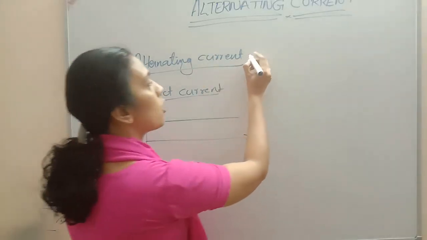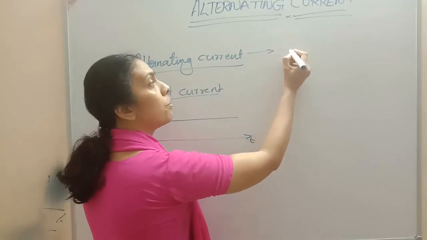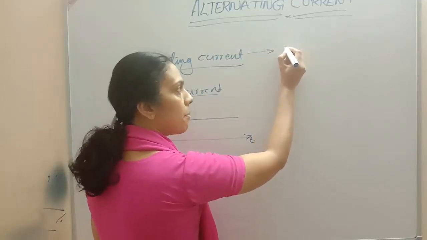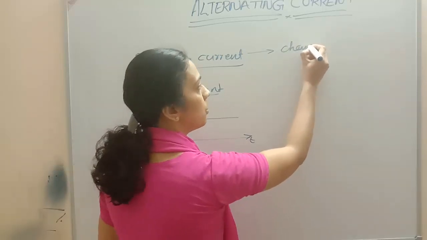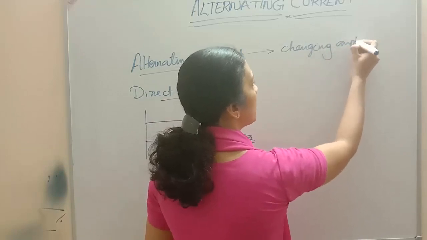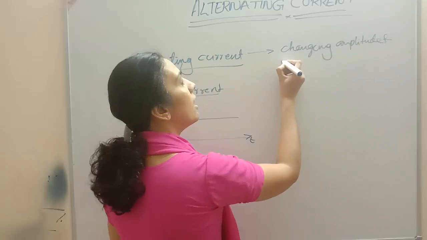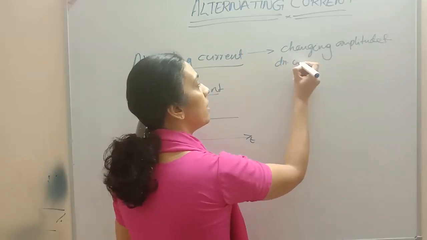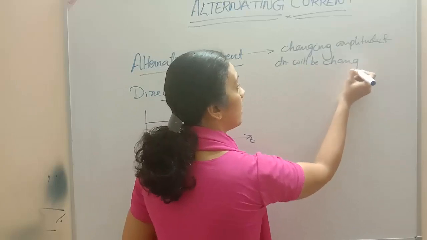But in the case of an alternating current, it will be continuously changing its amplitude, and the direction will be changing periodically.